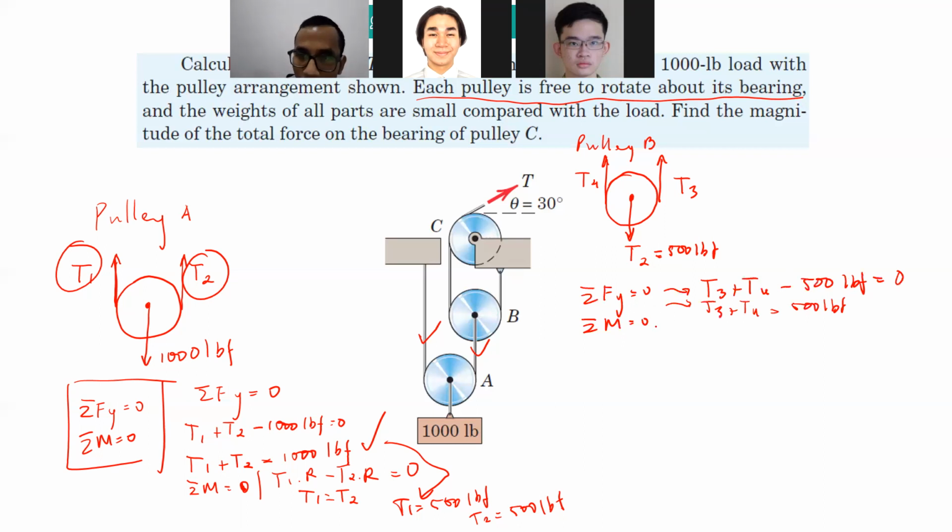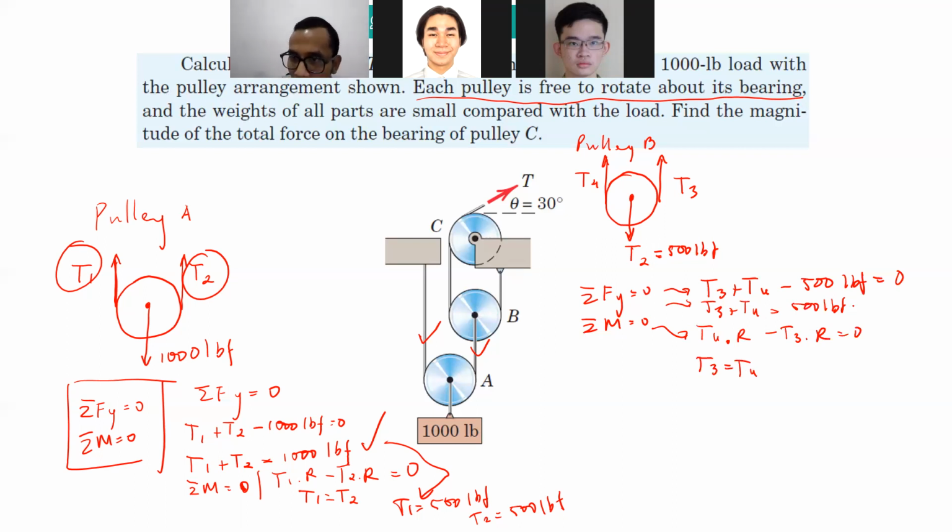And now, using the sigma moment, what will you get? T4 times R minus T3 times R equal to 0. So what you will get there is T3 equal to T4.